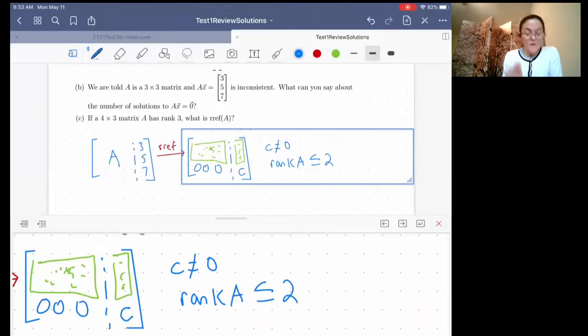Because, well, what's left? Up here, this green part, which I'm not sure what is, has only 2 rows. And there's no leading ones in the bottom row. So the most the rank can be is 2. We also have 3 columns.